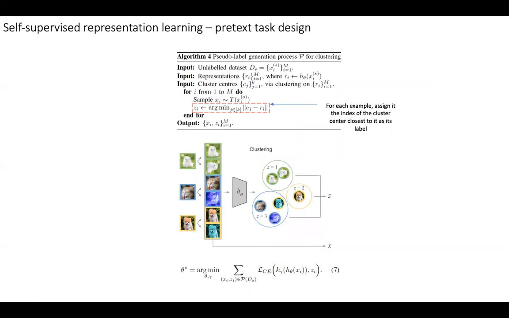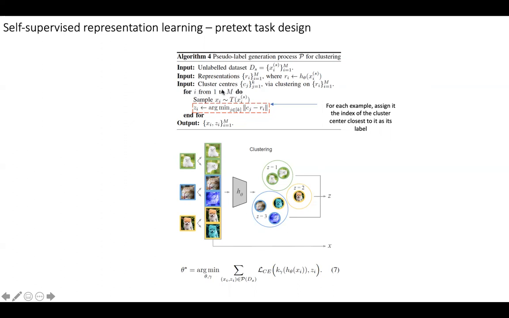Okay, so the clustering pretext task is also pretty simple. For example, we have an unlabeled dataset, and we get a feature representation for all these images, and then we do clustering to get the centers of all these images, of course in the feature representation space.